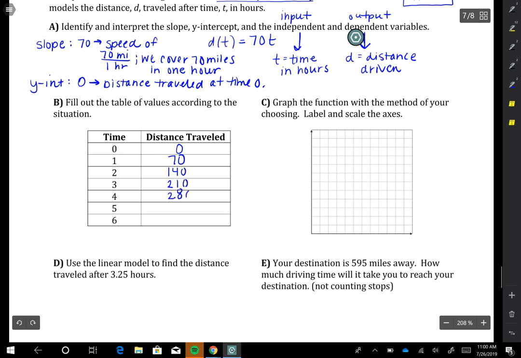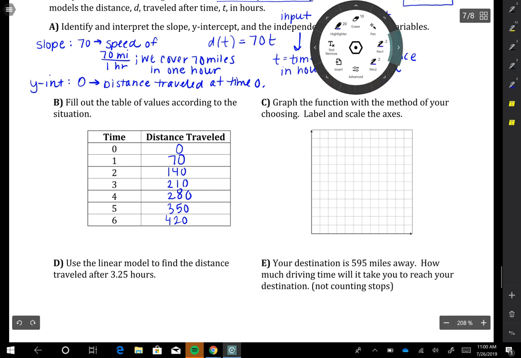Then we'll have 280. And then 350. And finally, 420. And I could keep going, but this is a good beginning of a table of values. This table of values, while it isn't a table, I want you to understand that what I've done here is I've actually made some ordered pairs that we could plot on the graph.